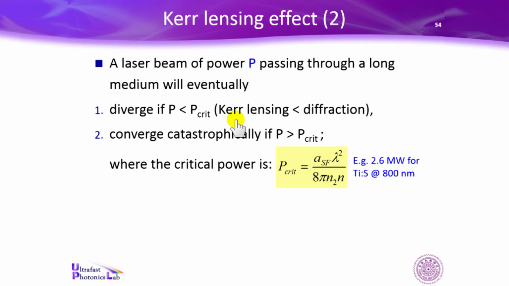And if you consider a Ti:sapphire crystal at 800 nanometers, the critical power is 2.6 megawatt. So it means in a Kerr lens mode-locked Ti:sapphire laser, you have to control your peak power roughly smaller than this number. You cannot tolerate peak power much higher than this number. If that happens, you will suffer from self-focusing and crystal damage. Okay.